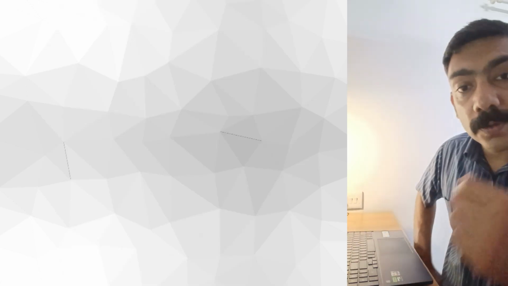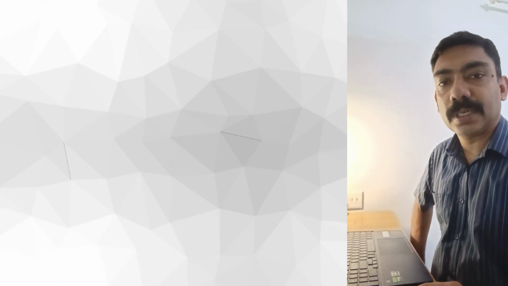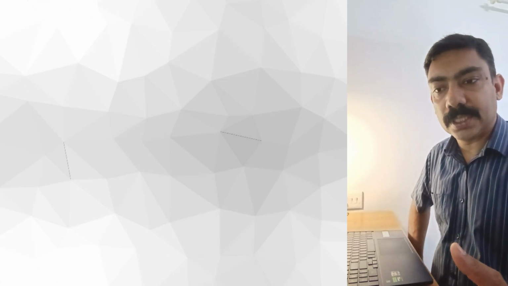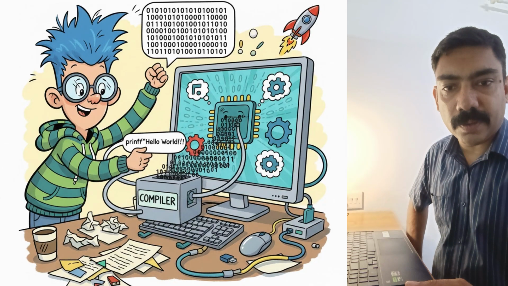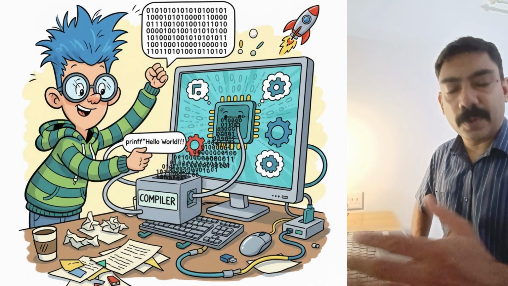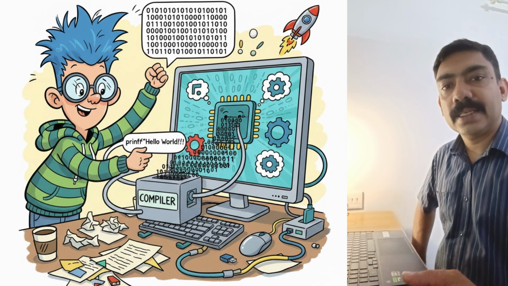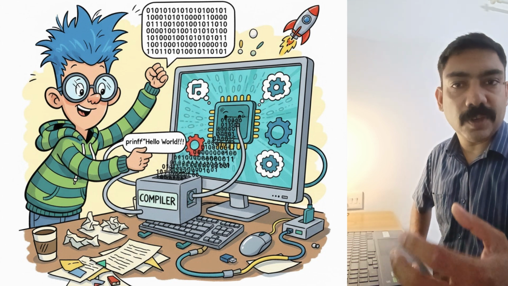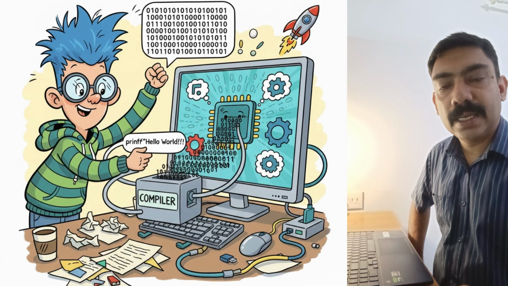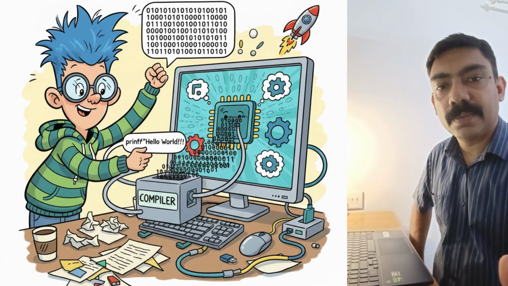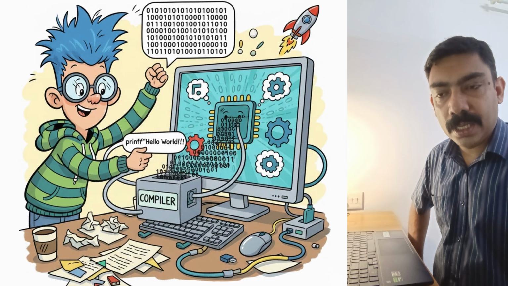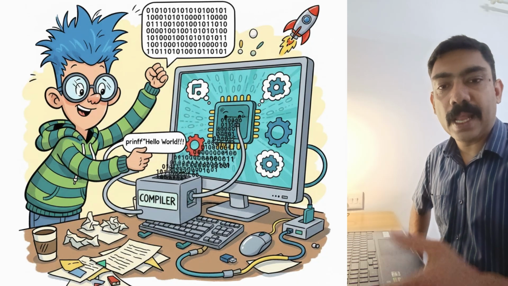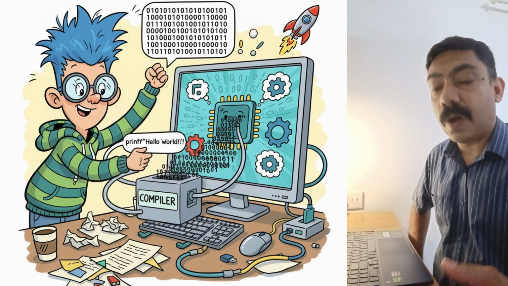So to convert the instructions from human readable format to a binary format, we use programming languages, and compilers are softwares which convert this human readable code into machine readable format. Each language will have its own compiler or interpreter.